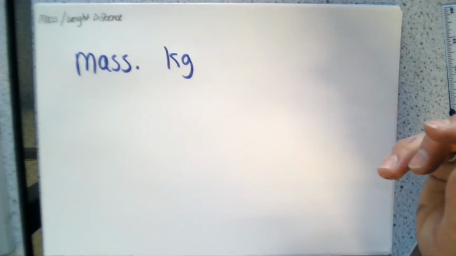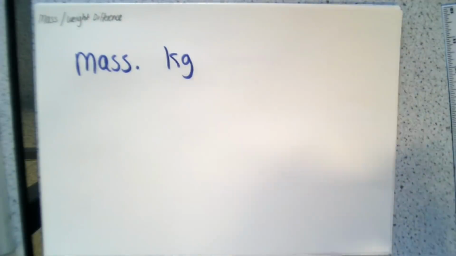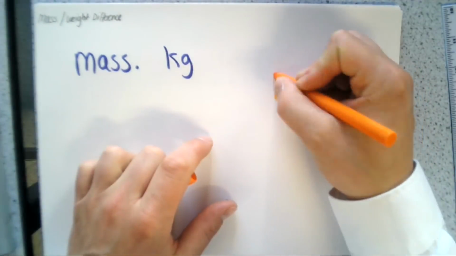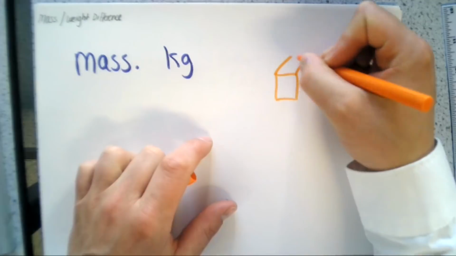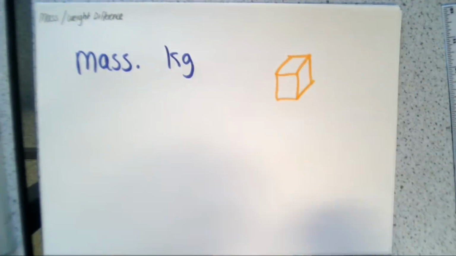Some people say I've put weight on or I've lost weight. Actually, what they mean is I've lost mass or I've put mass on, because weight is a measure of how much force is pulling an object down to earth because of gravity, okay? So if we've got, I don't know, I'm just going to use an idea of a box, because those of you I teach know my drawings are absolutely poor.